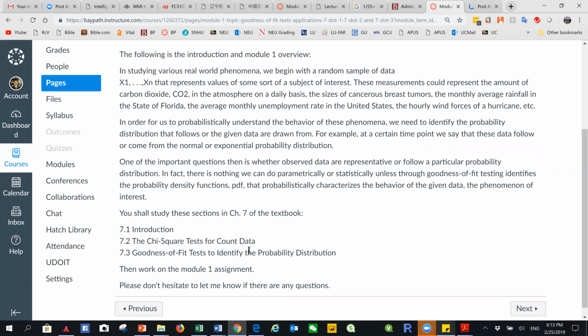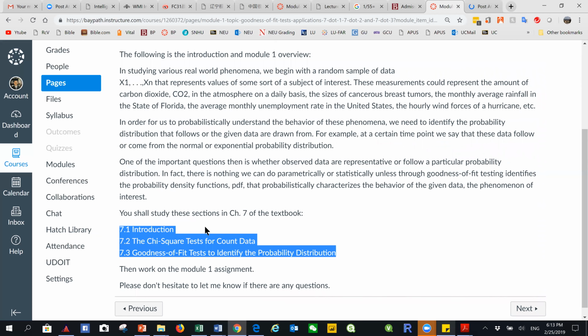Yeah, the three sections that we are covering. The first is introduction. I'll leave that to your study. And I'll focus on sections 7.2 and 7.3: the chi-square test for count data, and then the goodness of fit test to identify probability distributions.